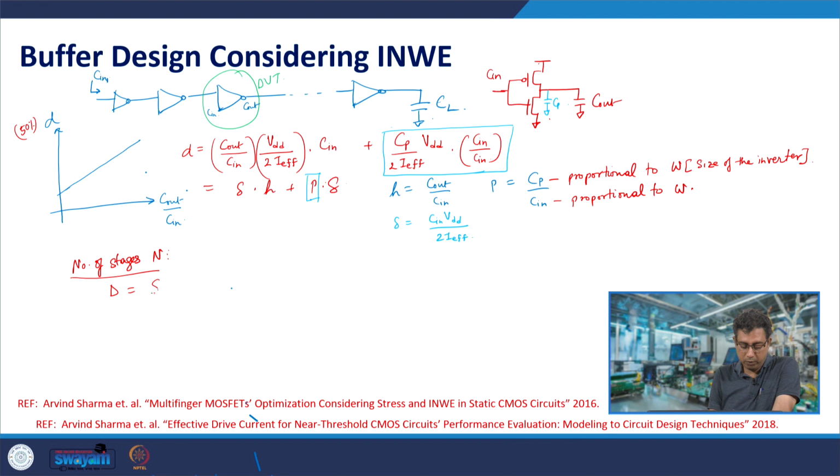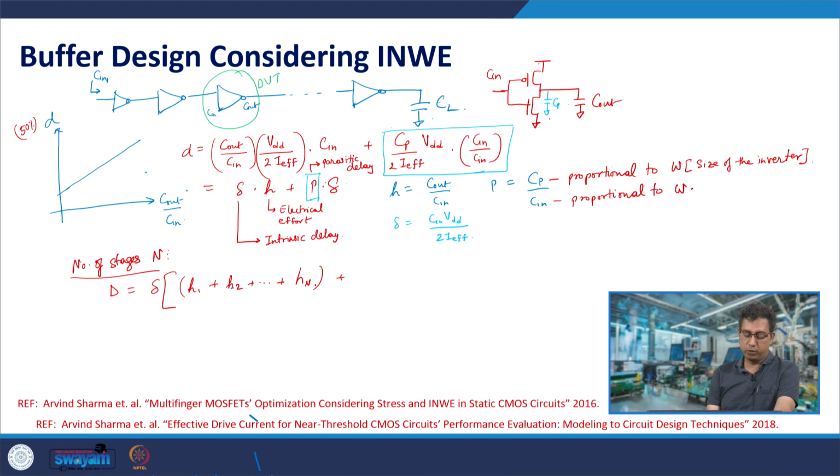So, you will have delta into H1 plus H2 plus Hn, all of these being electrical effort, this we call intrinsic delay and this we call parasitic delay. So, all these electrical efforts added plus all the parasitic delays added. Since parasitic delay is independent of the width of the device, you will have just n into P, because n number of stages are there.